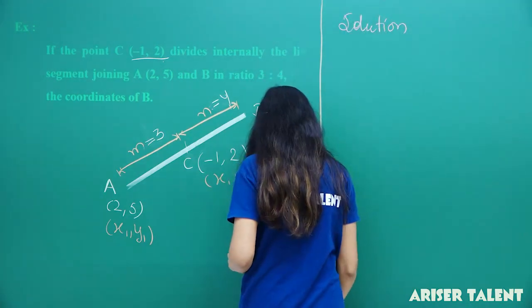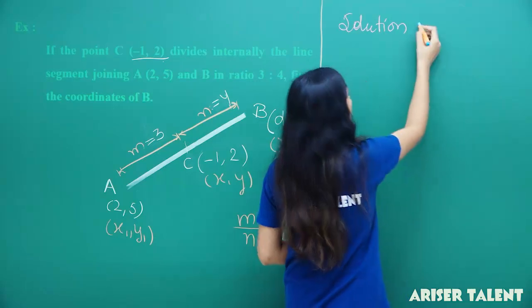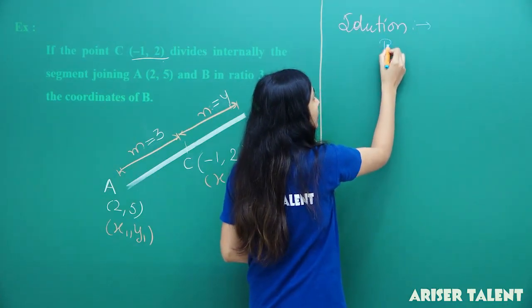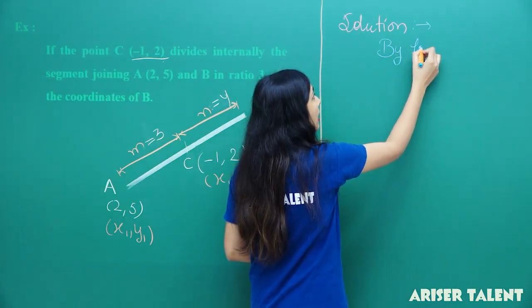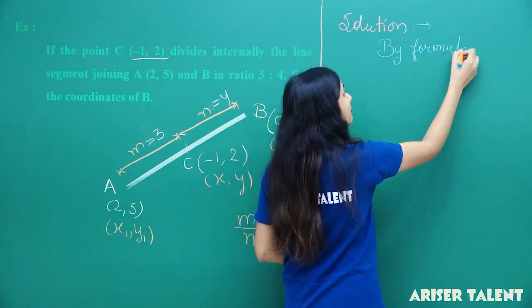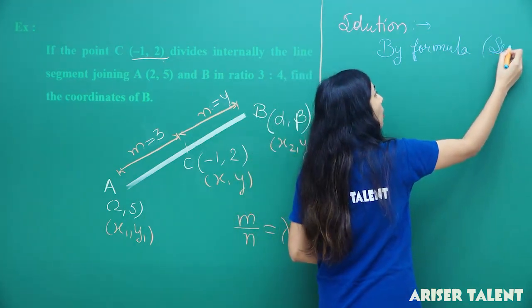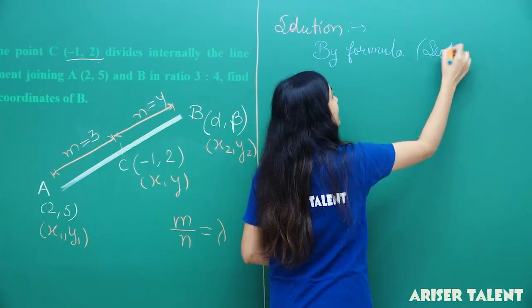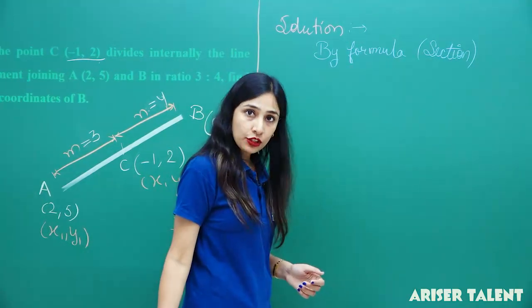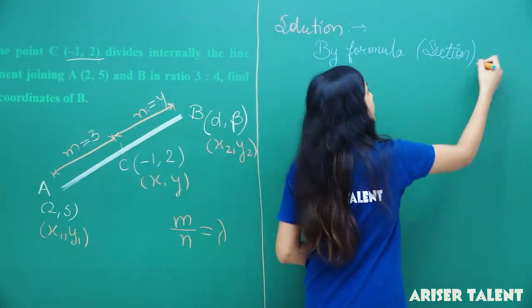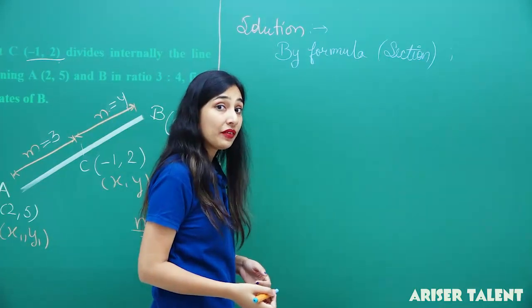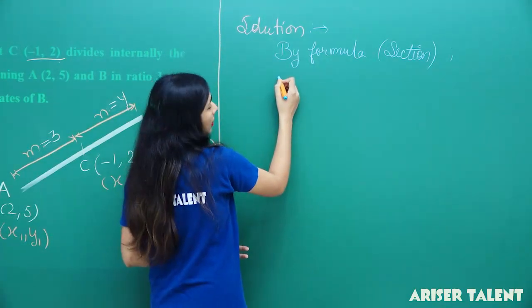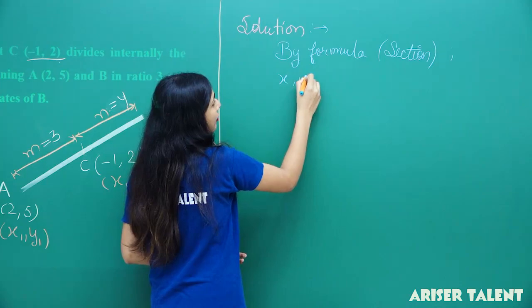So guys, what I'm having as my formula, come here this side, by formula. Which formula? You can also write section formula. By section formula, guys, what we are having? We are having x and y.